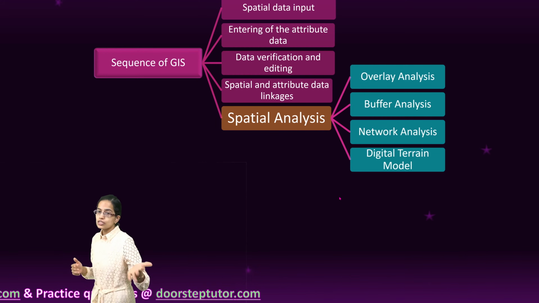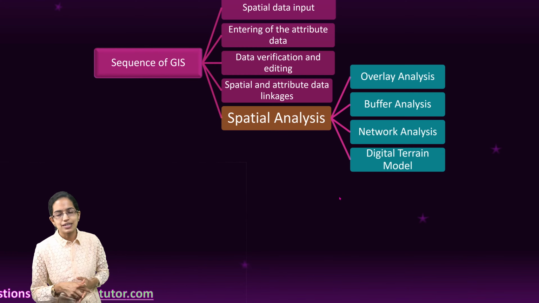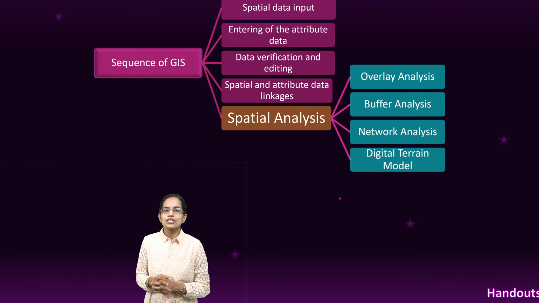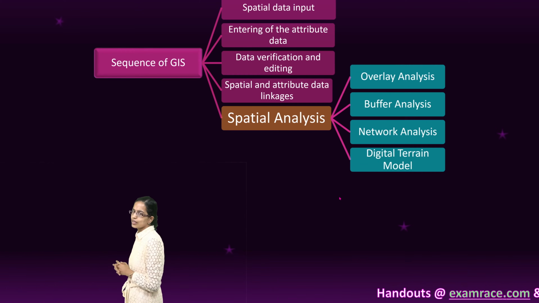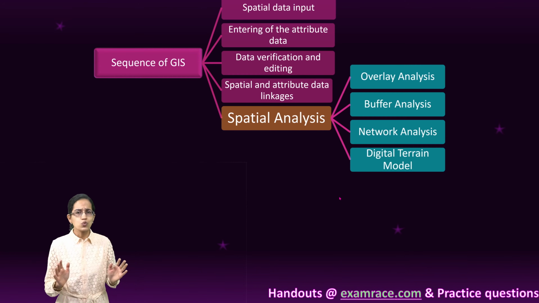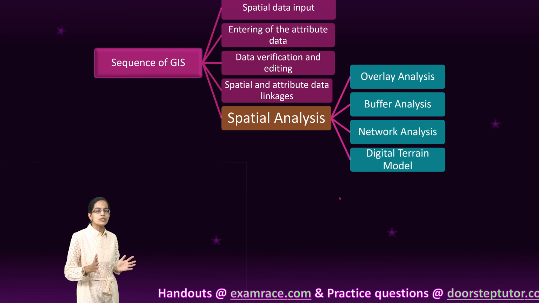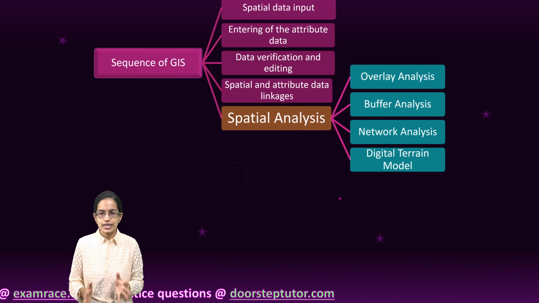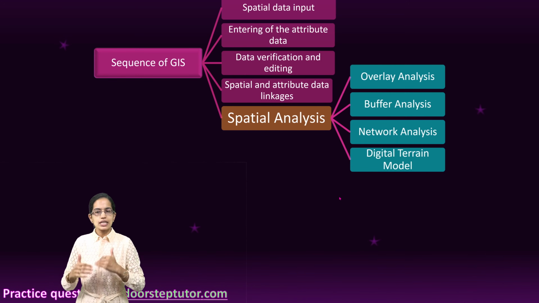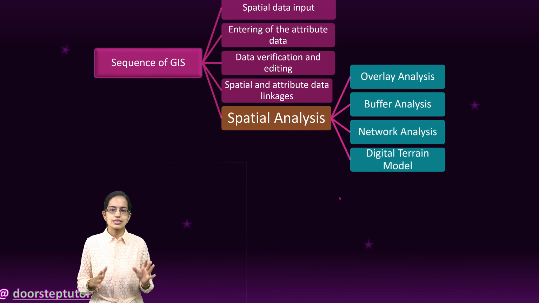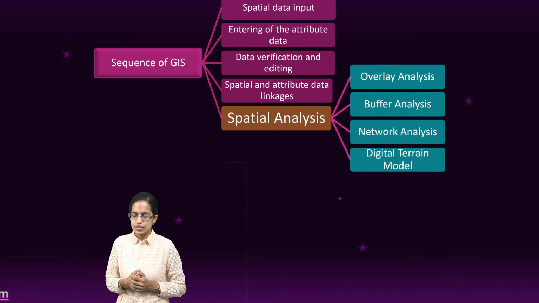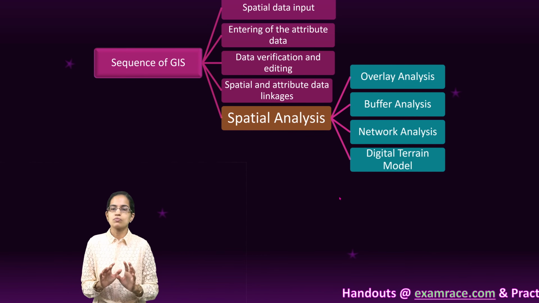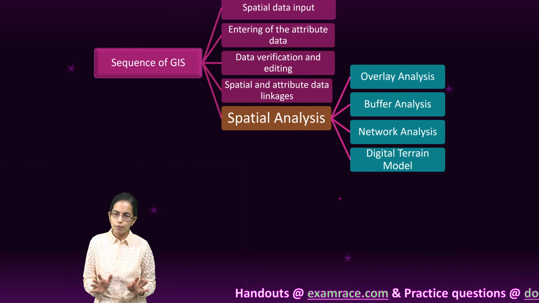More details on each of those we would be understanding in separate lectures as we proceed with higher learning in GIS. So this was just a very introductory class on what is GIS, why it is important, what is the sequence of GIS and how this process runs, what is the importance of linkage and matching, and finally once the linkage and matching is done, the analysis is done, and this analysis is visually represented on the map, and this becomes a graphic picture which is much simpler and easier to read and comprehend.